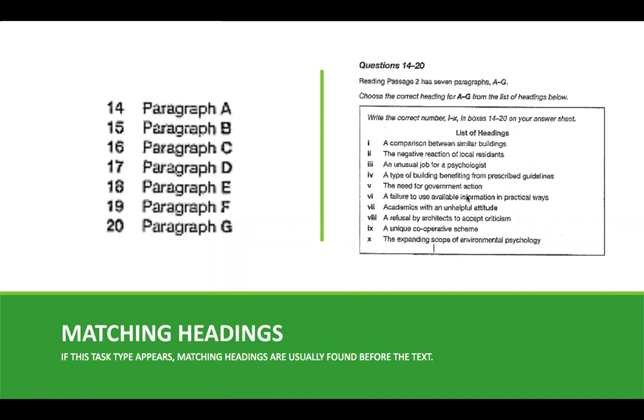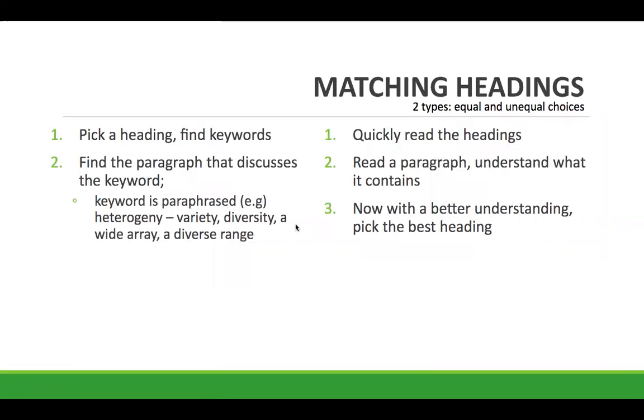You're going to choose the correct heading for A to G from the list of the headings below. So these are the paragraphs, and your answer should be the heading which is appropriate for paragraph A or B or C. Okay, so pick a heading, find keywords.